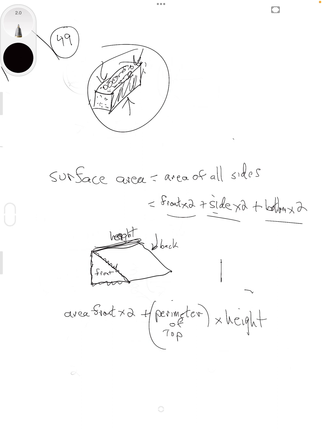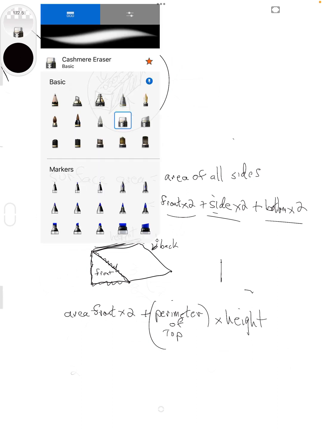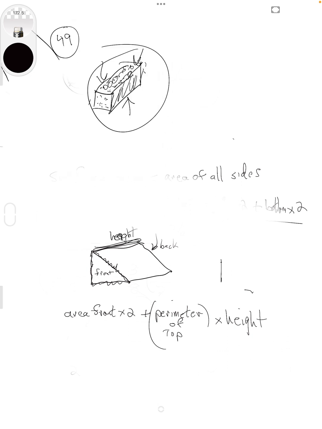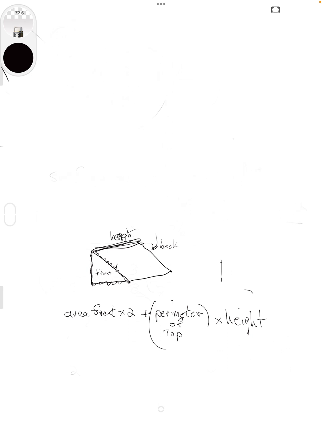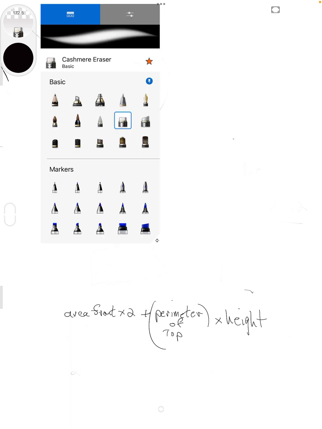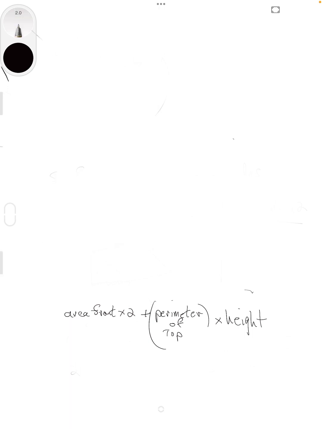Okay, let me give you an example of one of those and actually do it for you, and this will make sense. So the surface area, I'm going to use the letters SA, surface area, equals the area of the front or the area of the top times 2, plus the perimeter of the top times the height.